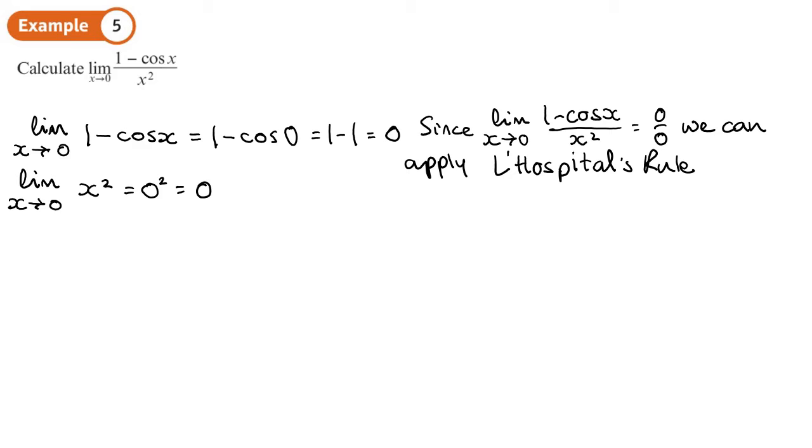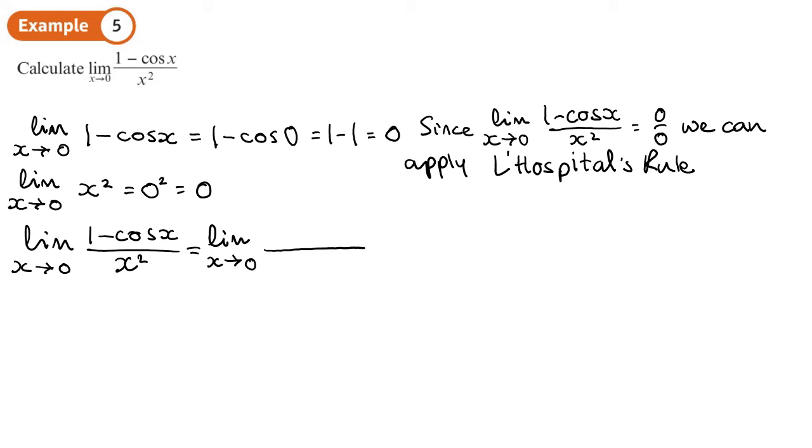Right, so that means differentiating the top and differentiating the bottom. So the original question now becomes this, equal to the derivatives of them. Whoops, I differentiated even before I'd got there. Right, so the limit as x tends to 0, so the numerator differentiated will just become sine x. The bottom differentiated will become 2x.